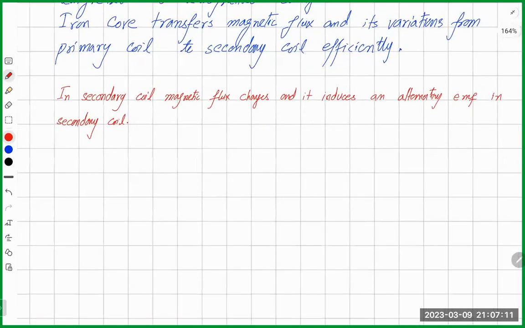So in secondary coil, alternating EMF is produced because the magnetic field lines are cut, and these magnetic field lines are changing because of the alternating magnetic field in the primary coil. There is an alternating magnetic field in the primary coil because of the alternating current.